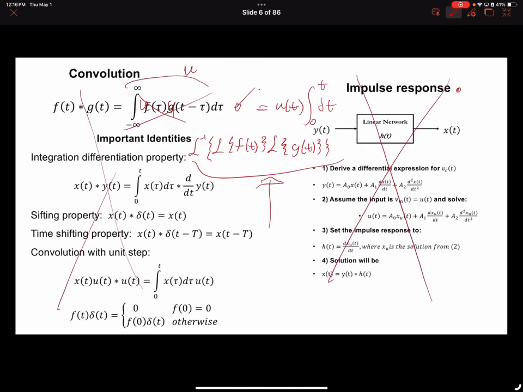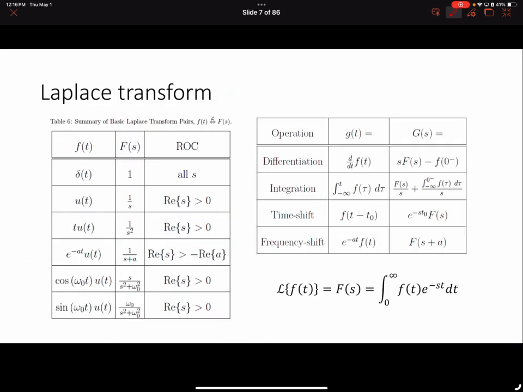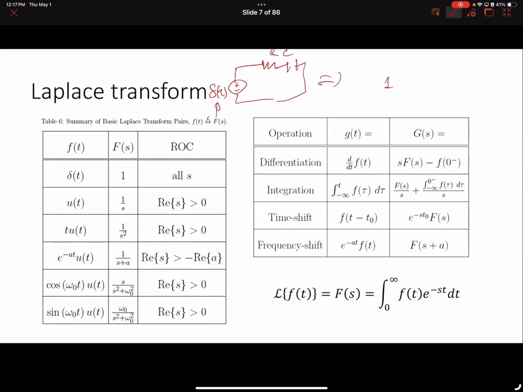How do we do it in the Laplace domain? The impulse response? So let's say you want to find this impulse response, you would want to solve this circuit in the time domain, which you can't really solve using the differential equation way, because a delta doesn't make any sense as a source. But in the Laplace domain, say this is R, and this is the circuit that you're solving.